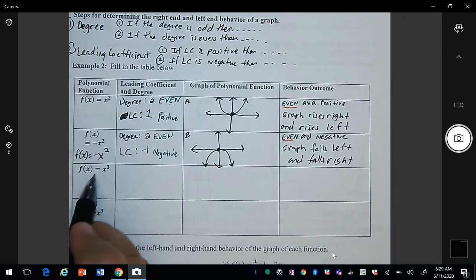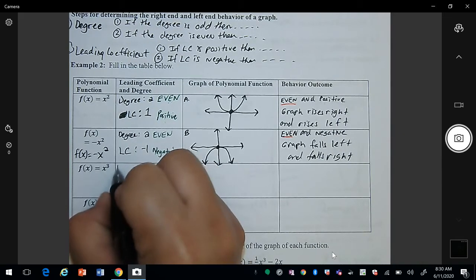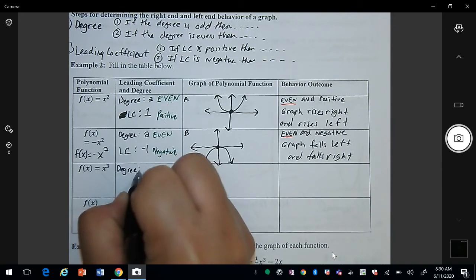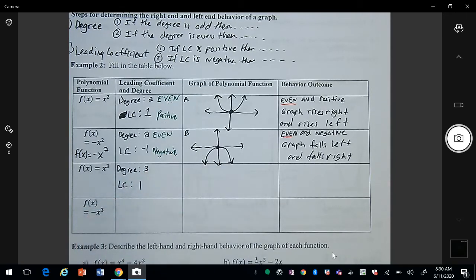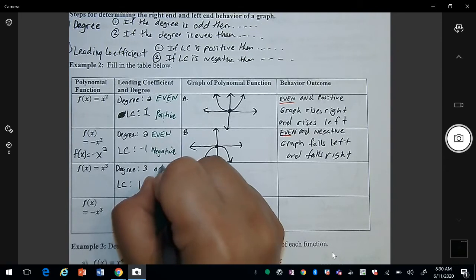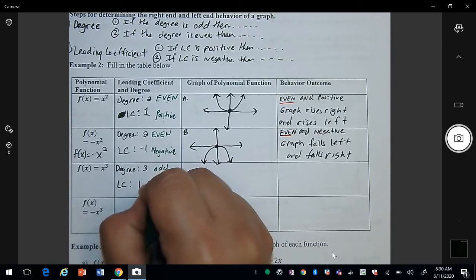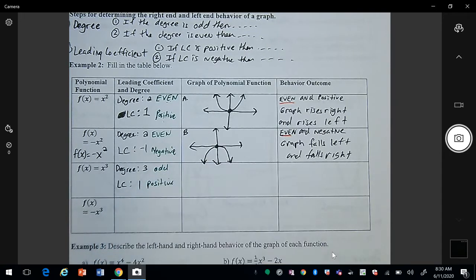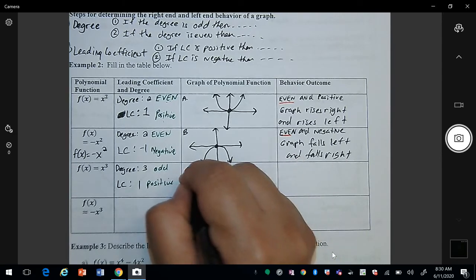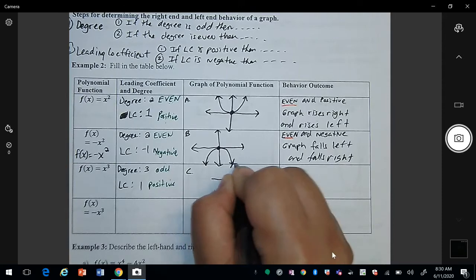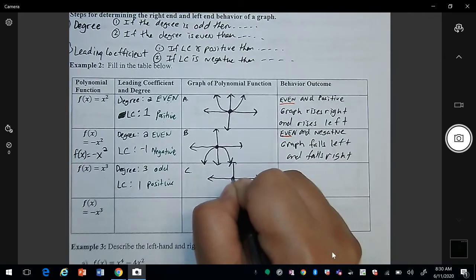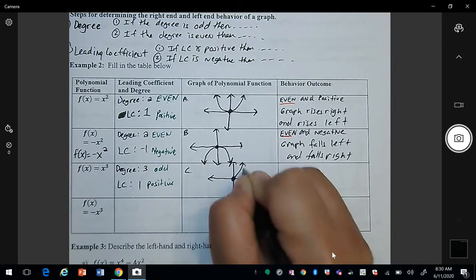Okay, the next one is x cubed. So the degree here is 3 and the leading coefficient is 1. So the degree is odd and the leading coefficient is positive. So this graph looks like this. It's one of our parent functions.